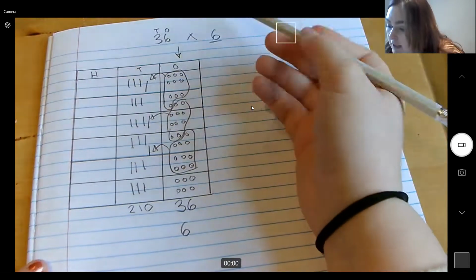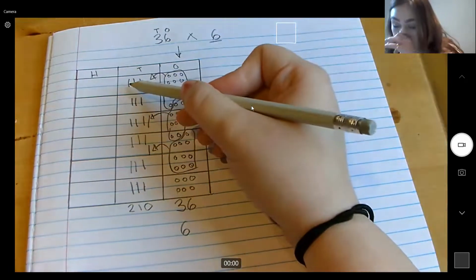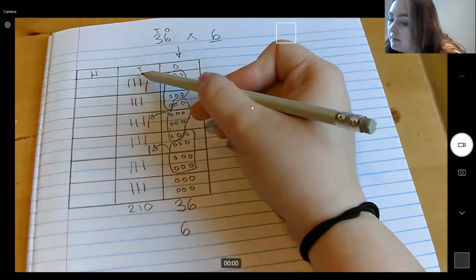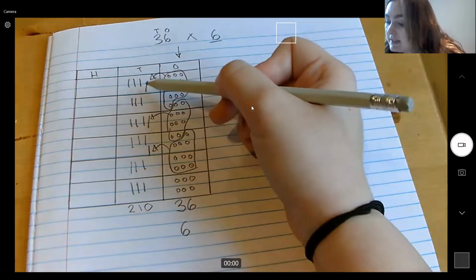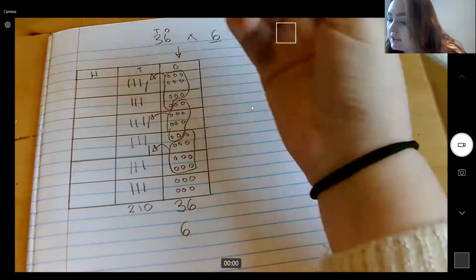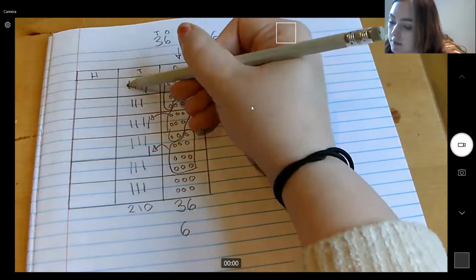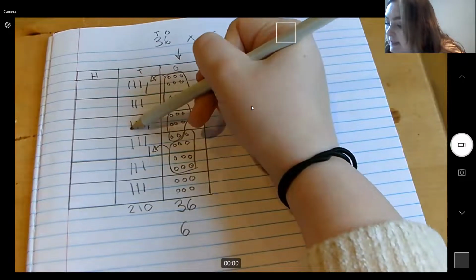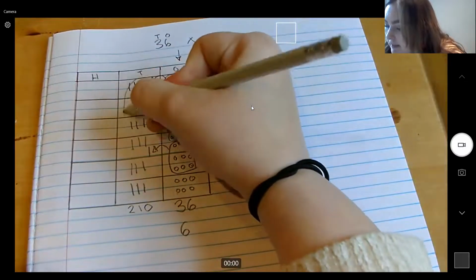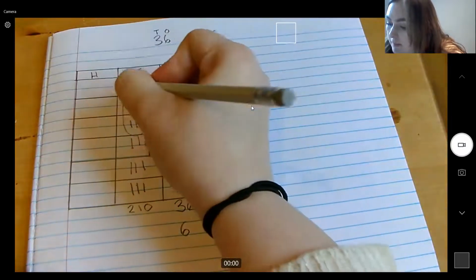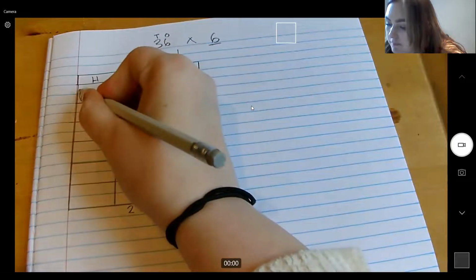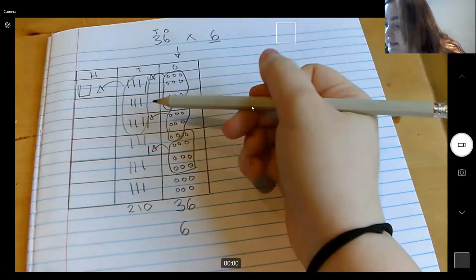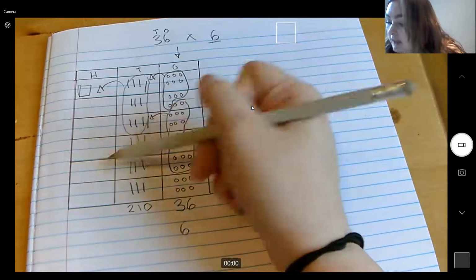So what we're going to do next is add up the 10 sticks, and we need to have 10 sticks to make 100. So let's count 10 sticks. 1, 2, 3, 4, 5, 6, 7, 8, 9, 10. That's 10 there, and that becomes 100. If we've got another 10, then we need to exchange that for 100 as well.